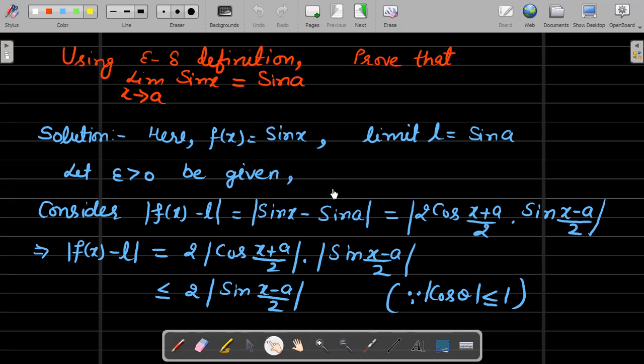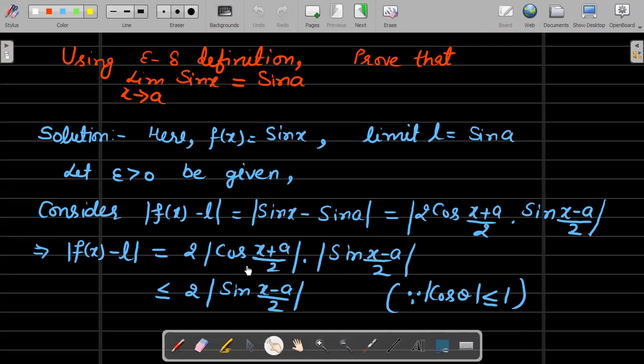So we need the requirement, we require |x minus a|. So we keep only the factor of x minus a and we eliminate the remaining factor. So for cos((x plus a) by 2), |cos theta| is always less than or equal to 1.